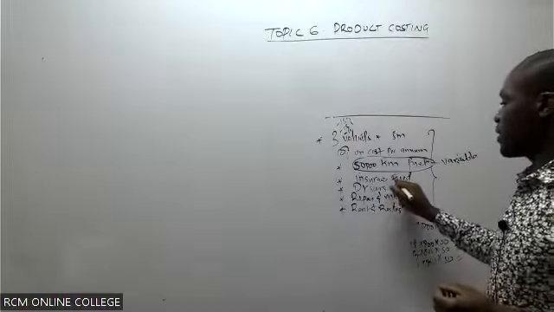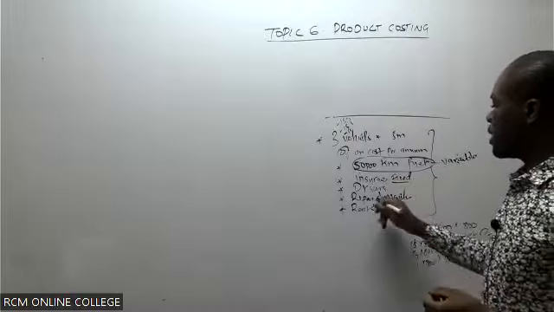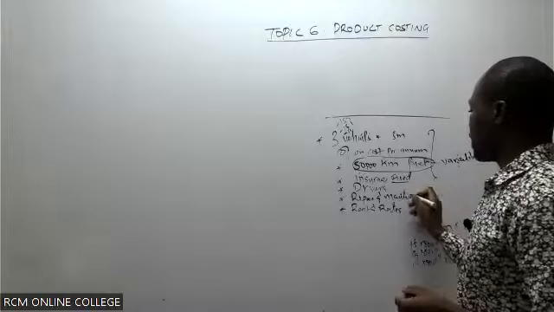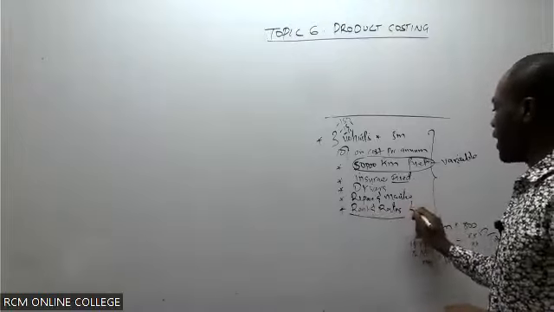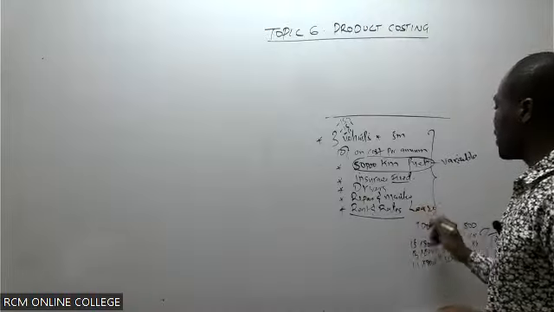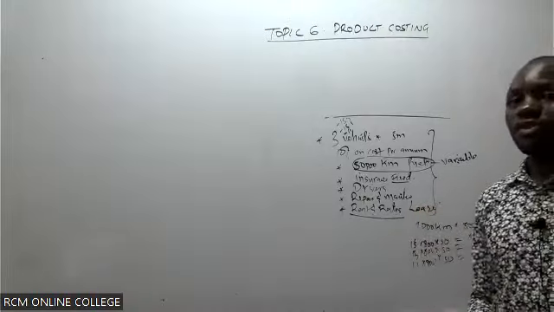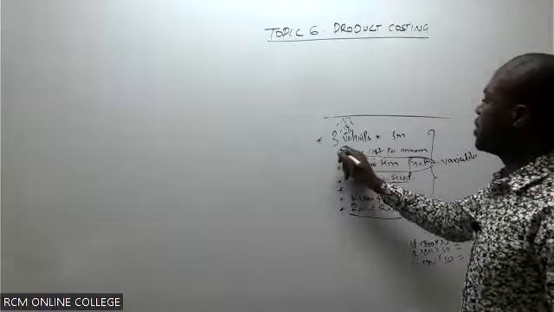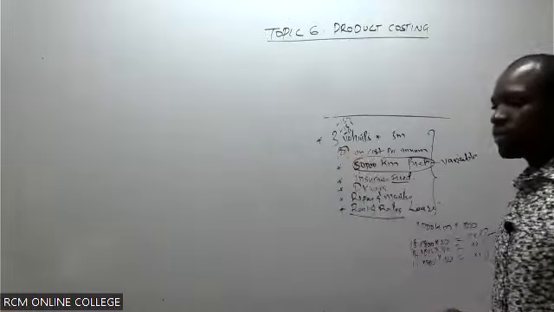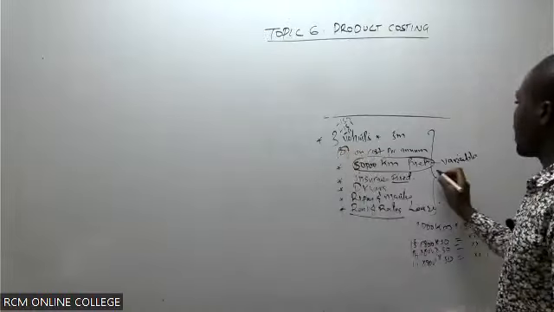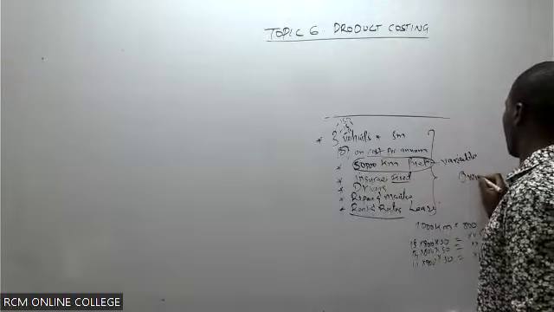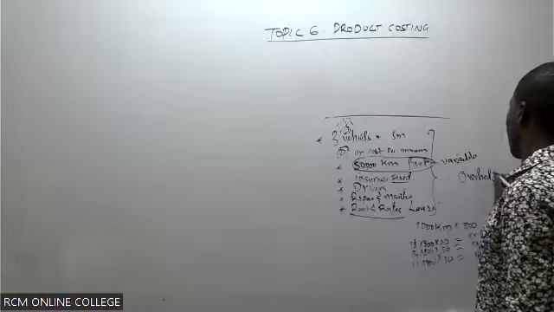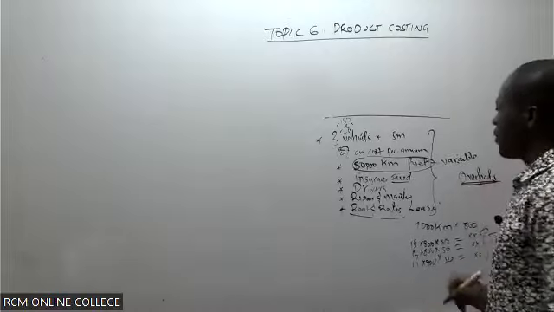Repairs and maintenance, maybe a fixed amount. Rent and rates for the office, maybe you've taken a lease, so you pay a fixed amount for a given period of time. The depreciation here is fixed. So we classify all these fixed costs into overheads.